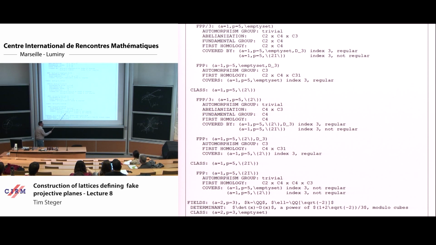You get a bigger group by deciding to fix just one of the others. So both of these two, if you check in the table, are not themselves finite projective planes. They're covered by finite projective planes with index 3, and so this is working out exactly as you'd expect. But anyway, this is what that notation 2I means.